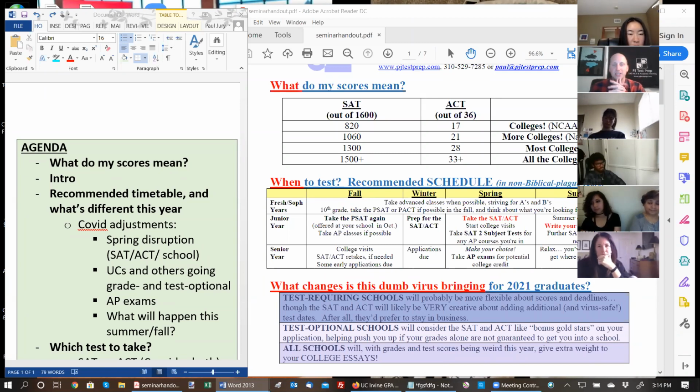Now, as far as what test optional means, because that's one of the biggest pieces of new news, the UCs and other schools are going test optional. It means exactly that: the SAT and the ACT are now optional, which I think is actually good news for you guys. It definitely takes the pressure off.